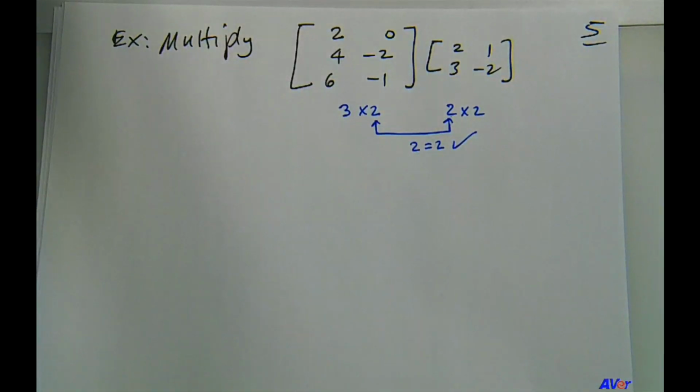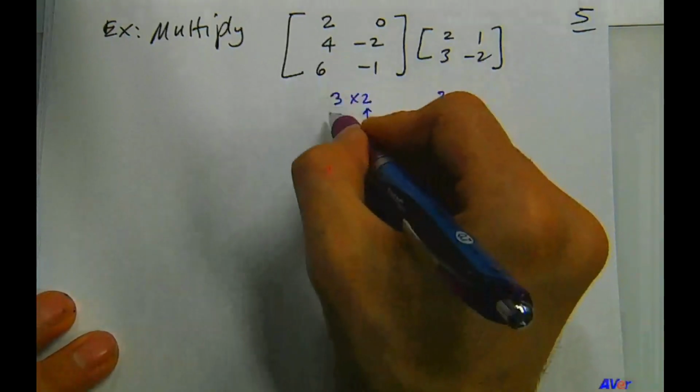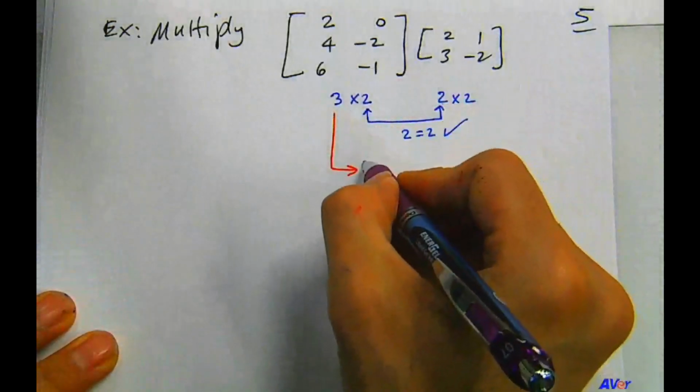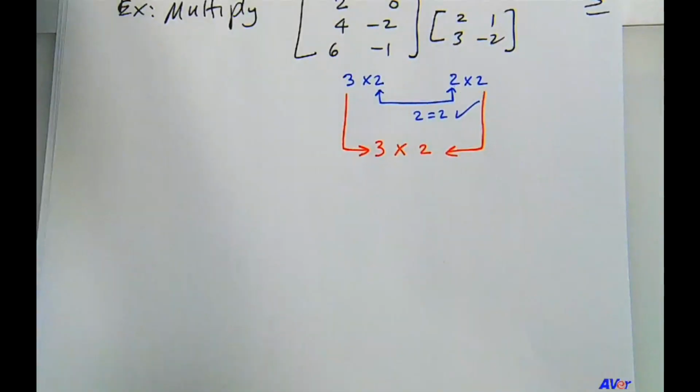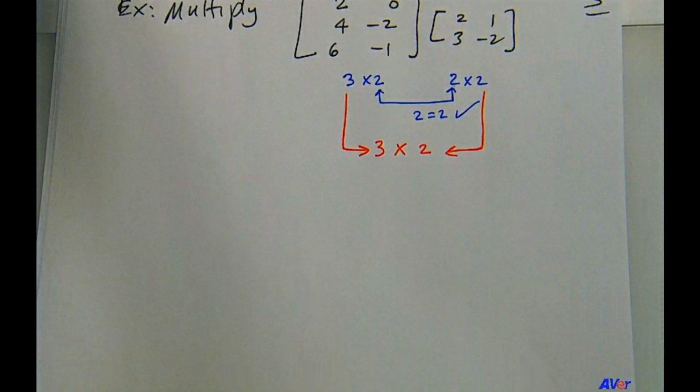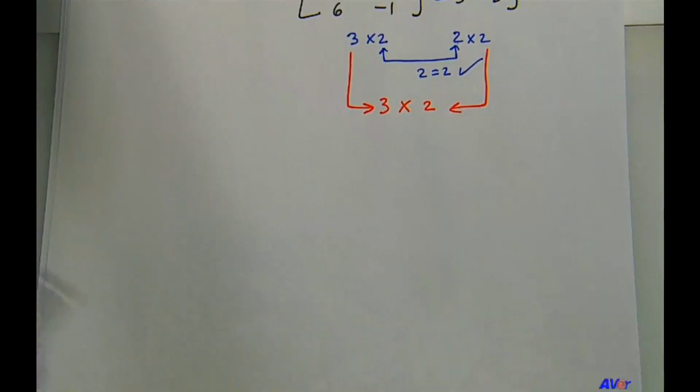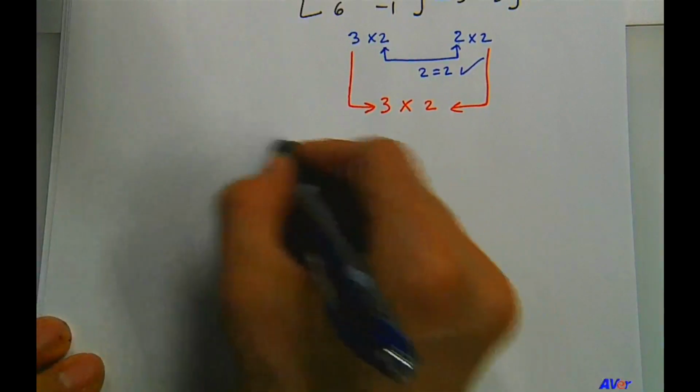The question now is, what is going to be the size of the resultant, the product matrix? Well, that number comes from the other two digits. So it's going to be 3 by 2. So let's see how that would look. It would look like this.